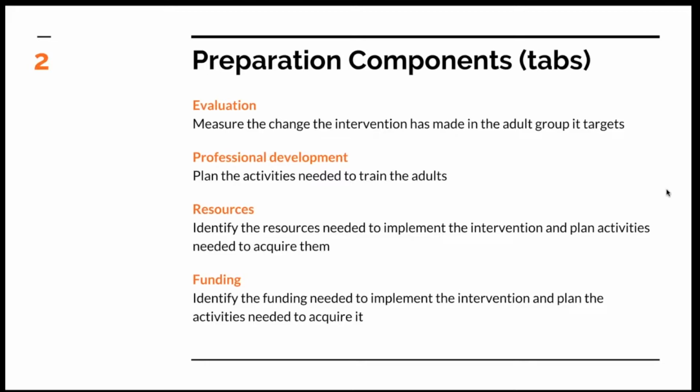So every evaluation will be evaluating the change that's made in the adult group that it targets. The professional development, there again, this is all adult-based. It's planning the activities needed to actually train the adults so that you can get that change in behavior.